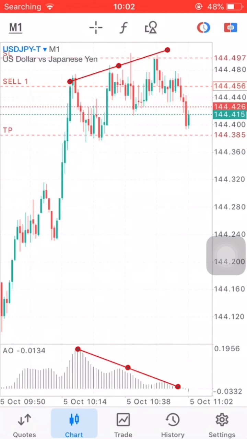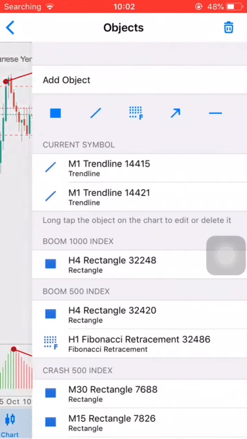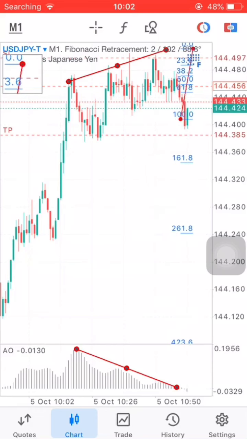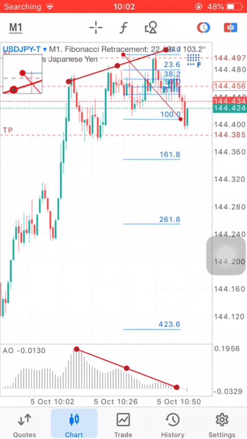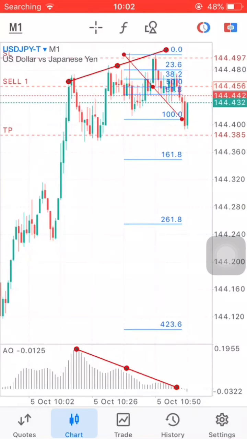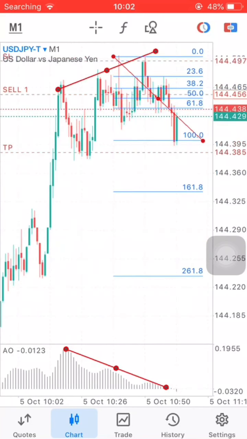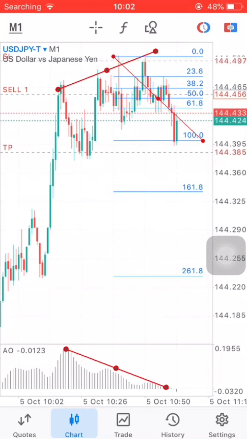Anyway, let me take another Fibonacci retracement here, guys. Just to show something quickly. I'm going to pull it here, and also somewhere here. And this market is coming down. This market will surely come down.